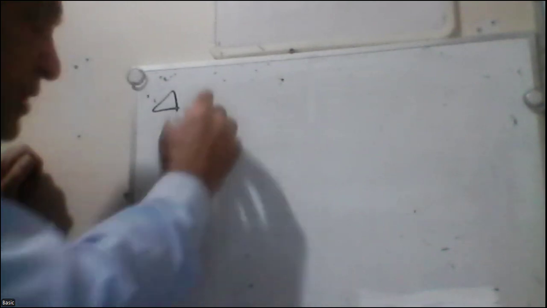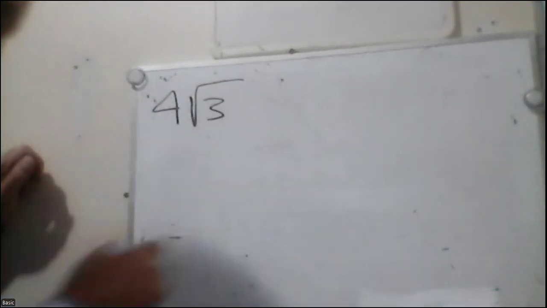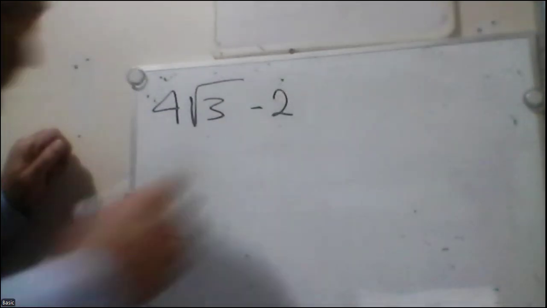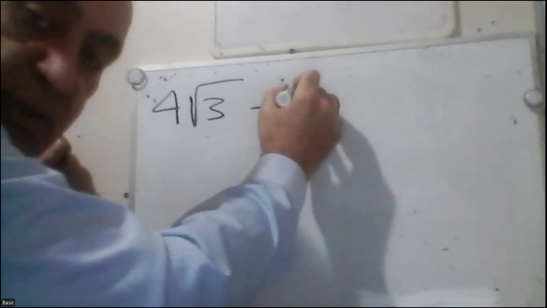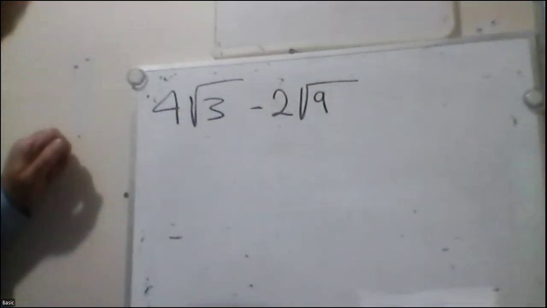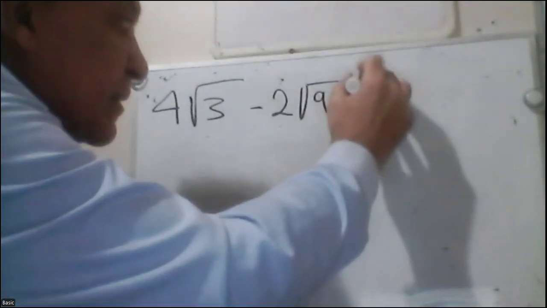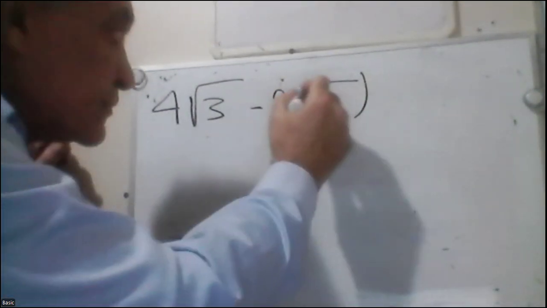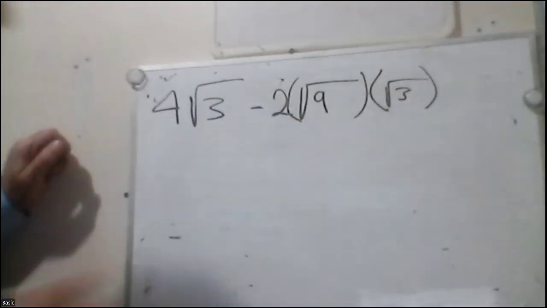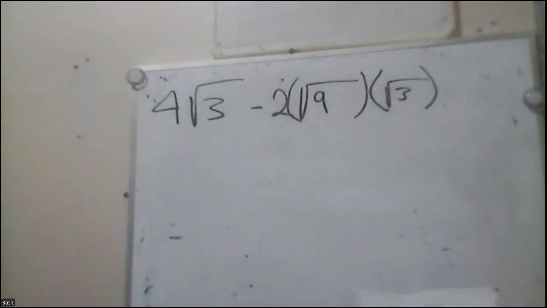The example is saying 4 root of 3, I will just show it to you right now, minus 2 root multiplied by the root of 9, multiplied by the root of 3. And I just want to get this amount.